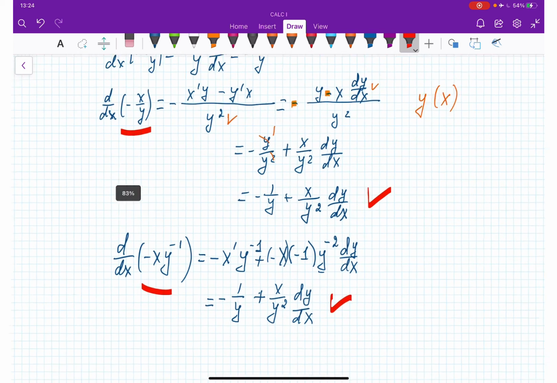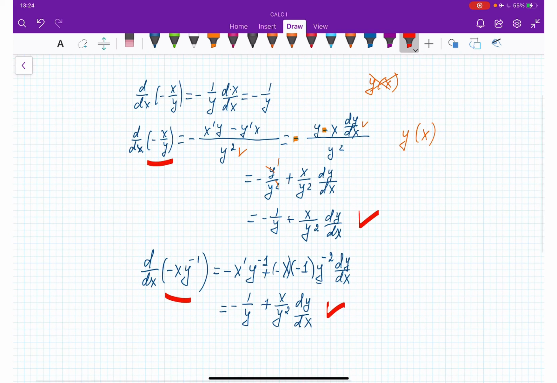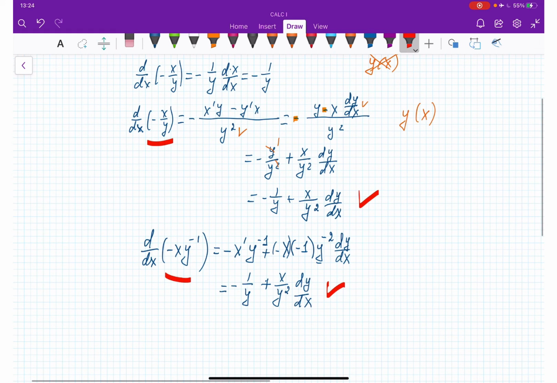Now, in implicit differentiation, we are using equations.